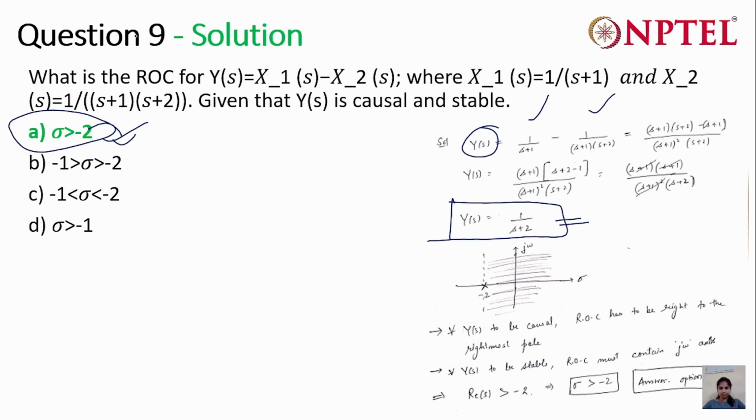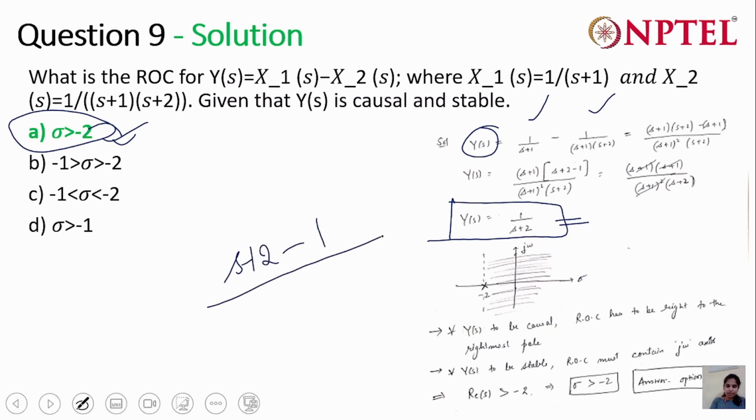Madam, this calculation is normal mathematics, like taking LCM. Yes. Actually here it is not given, I mean, it's given in a big manner. Basically, it is s plus 2 minus 1 by s plus 1 into s plus 2. That's all. So directly your s plus 1 term gets cancelled, right?